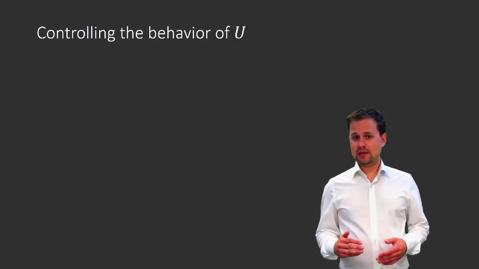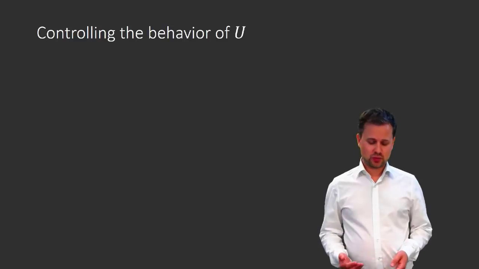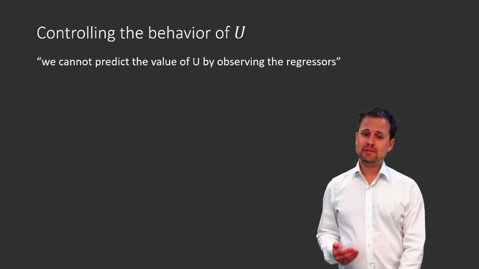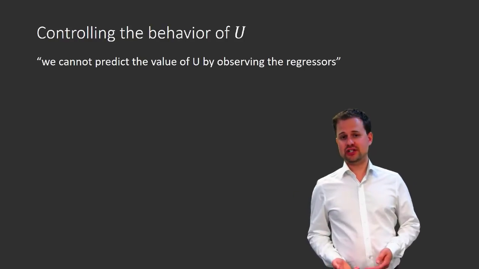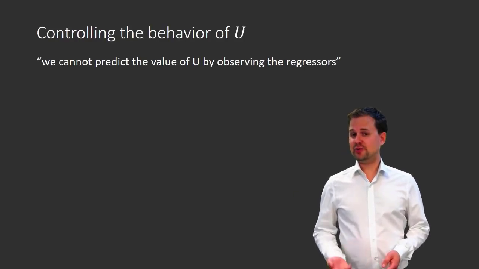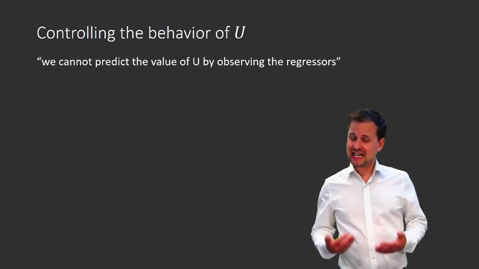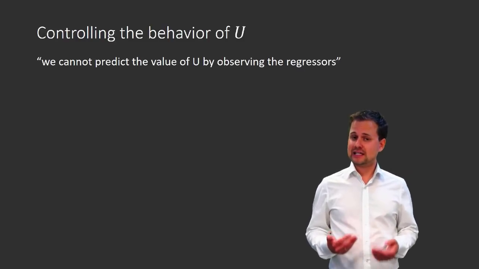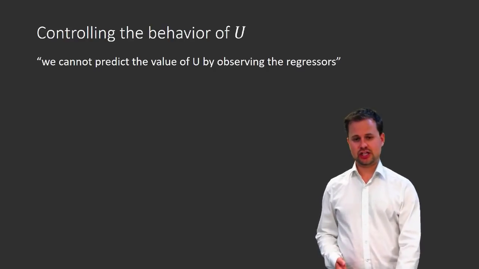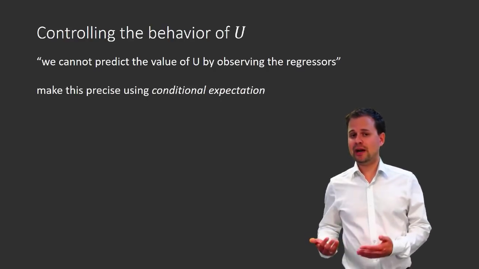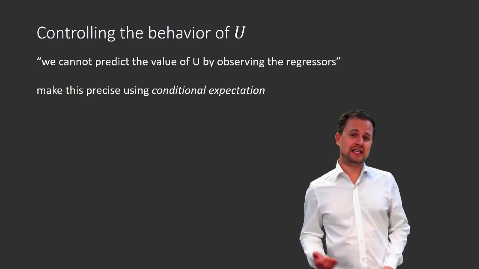So intuitively the appropriate assumption will say that we shouldn't be able to predict the value of u by observing the regressors. And the way that we're going to make this assumption precise is by using a mathematical concept that's called a conditional expectation. I'll talk more about what a conditional expectation is in a later lecture.